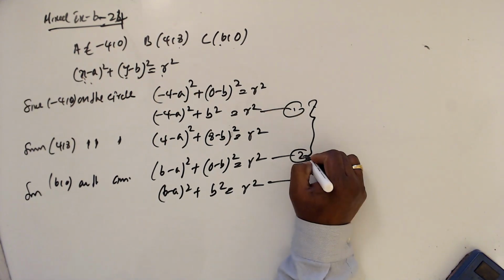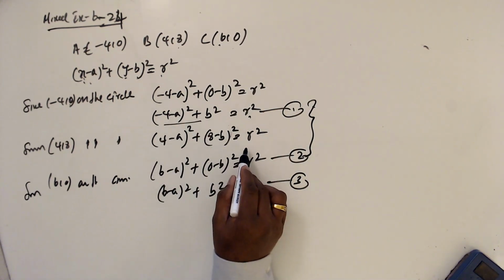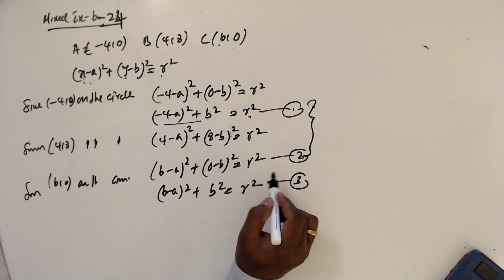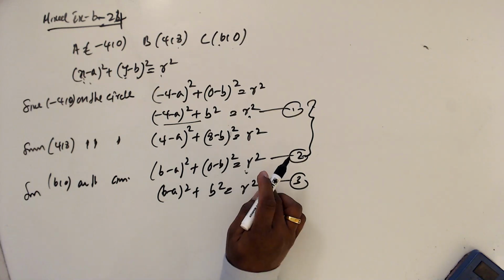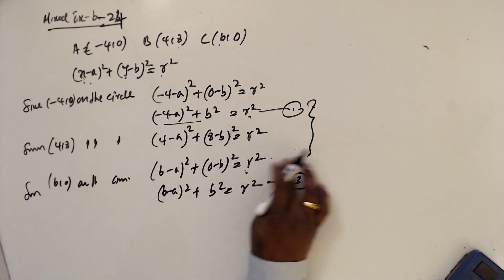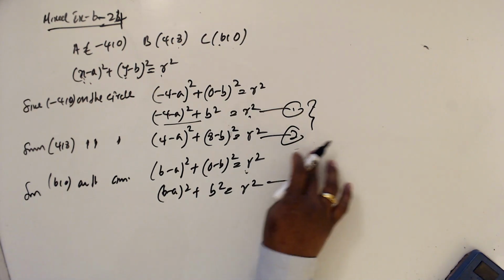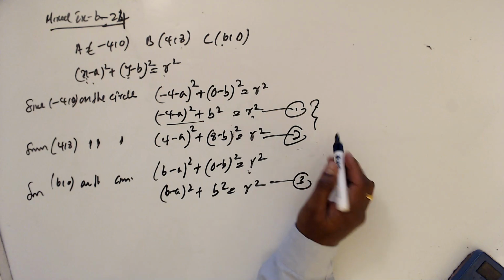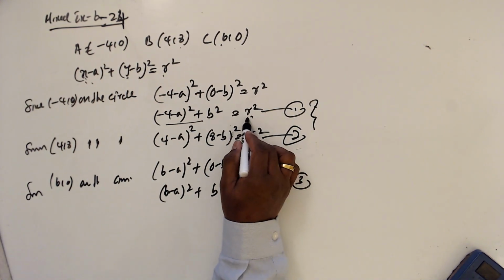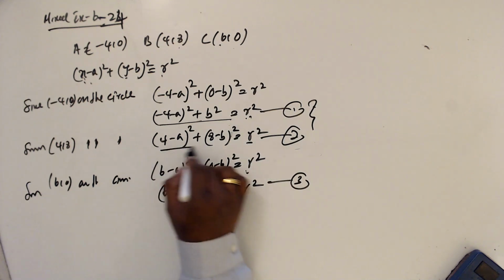Now from those two, r² is also this one. I think this is not the second one, the second one is this. Right, so r² is also this one.